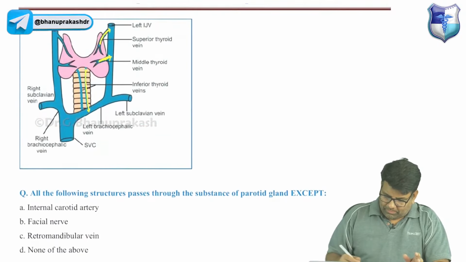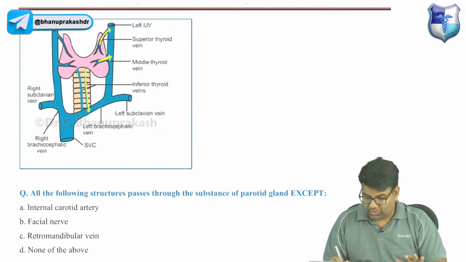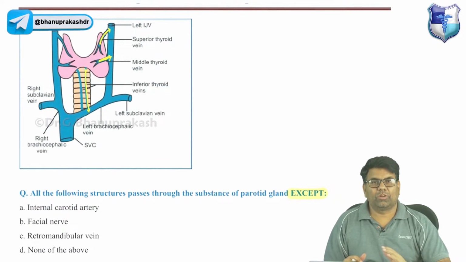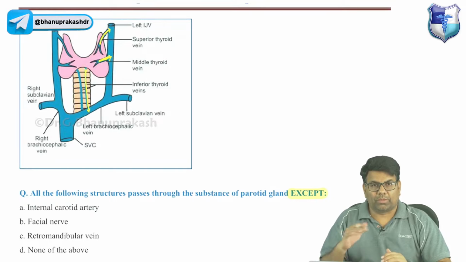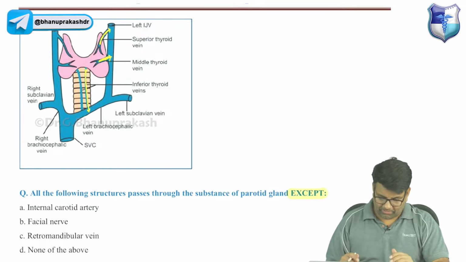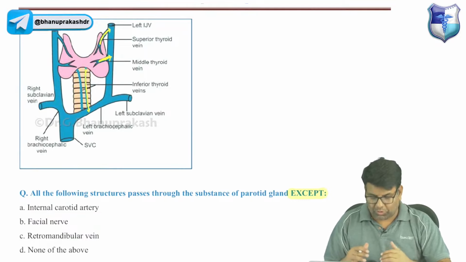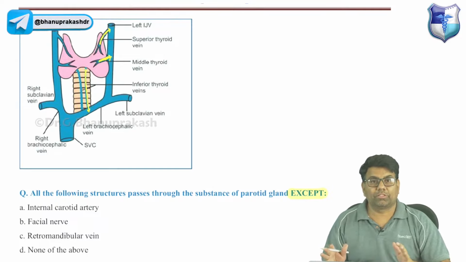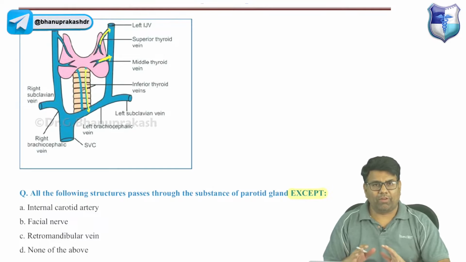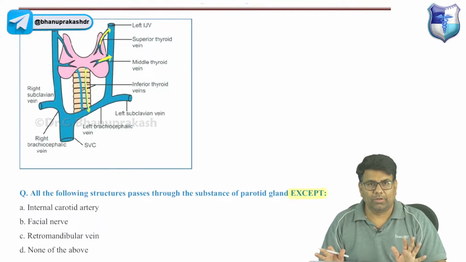Now, next question. All of the following structures pass through the substance of the parotid gland except, now which of the following structures does not pass through the substance of the parotid gland? One thing should be very clear to all of you: the facial nerve travels through the substance of the parotid gland and finally divides into its 5 terminal branches.